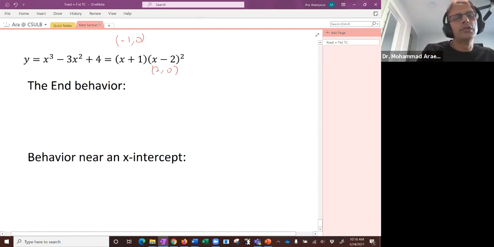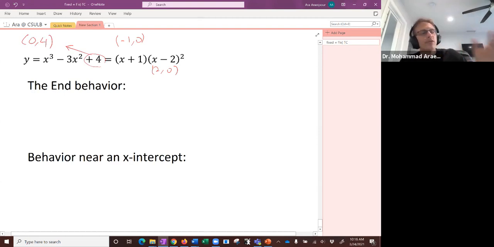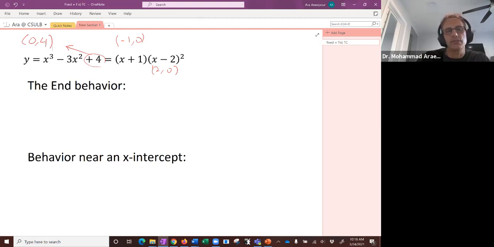And I hope you see that that's the y-intercept. So we already have 3 points, easy points. Again, what is the x-intercept? Set y equal to 0. What is the y-intercept? Set x equal to 0. Refreshing your memory about that concept. Very simple. So we have those.